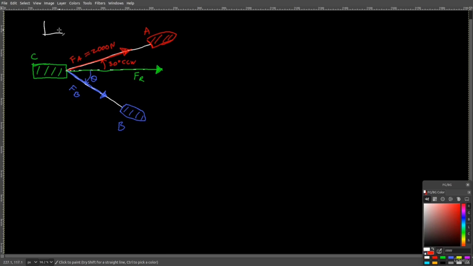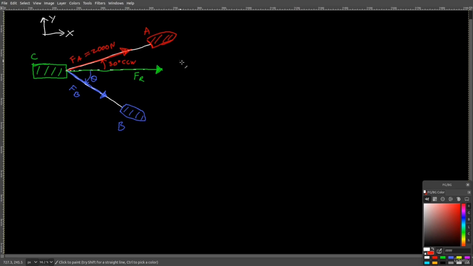We define that this is the positive x-axis and this is positive y-axis. So the cargo boat needs to move along the positive x-axis. And it is not important how much force is directed along the positive x direction due to these two tugboats.